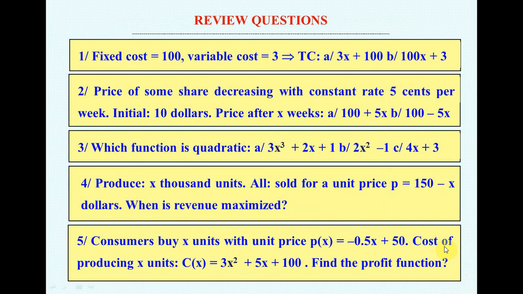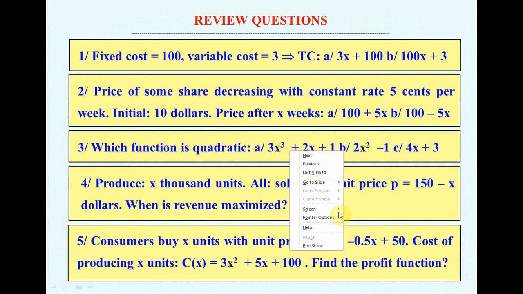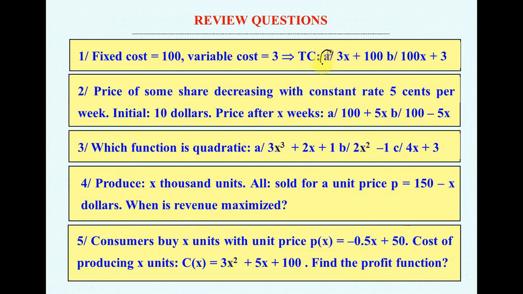Finally, let's quickly discuss some review questions. Question 1. If we have fixed cost and variable cost, how can you find the total cost? You must remember fixed cost plus variable cost multiplied by s. So the answer will be A. Next, the price of some share is decreasing at a constant rate.